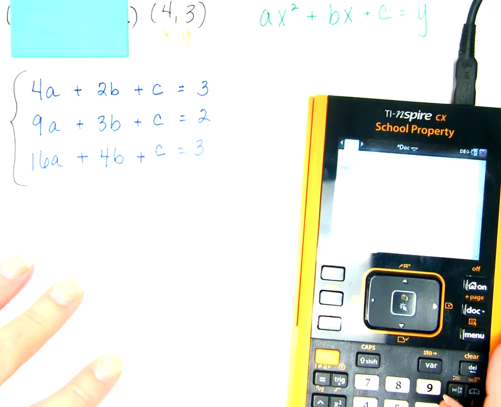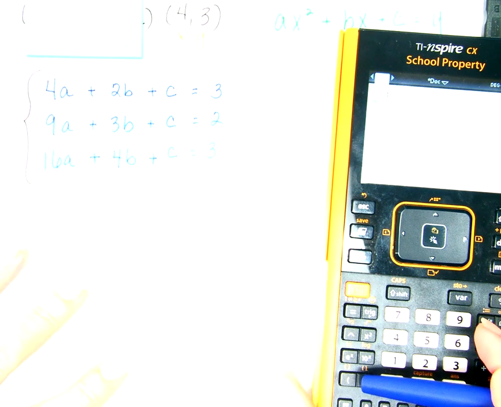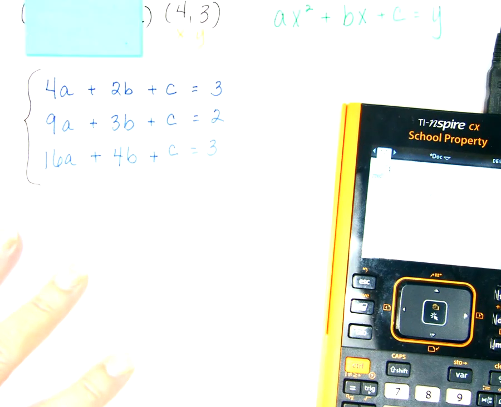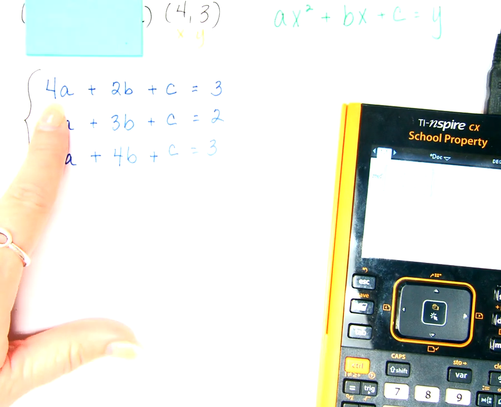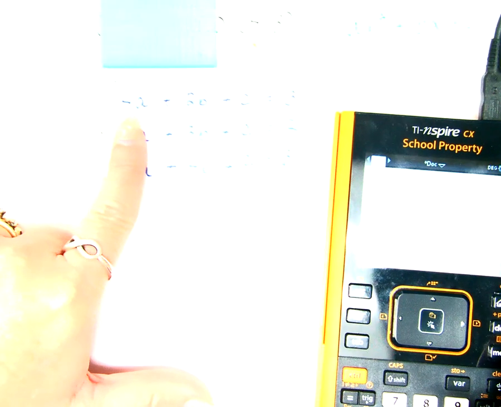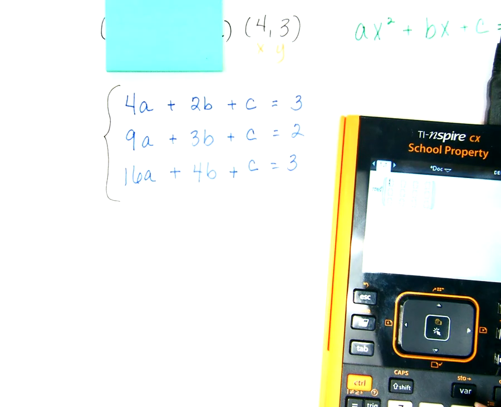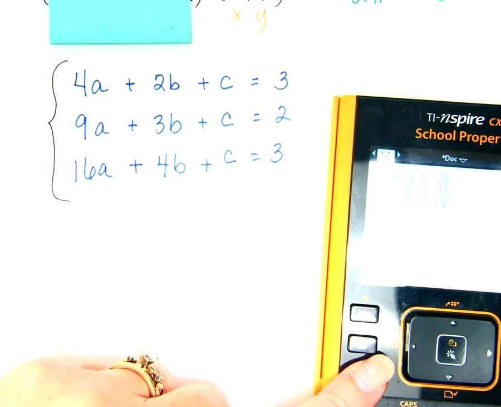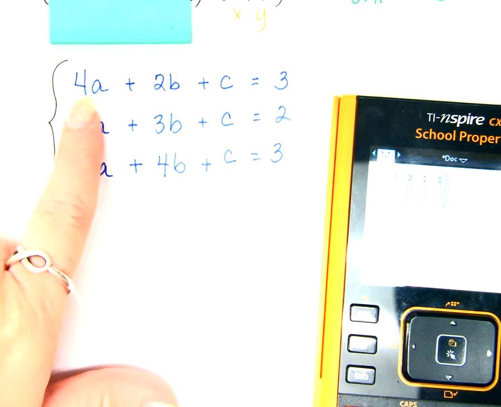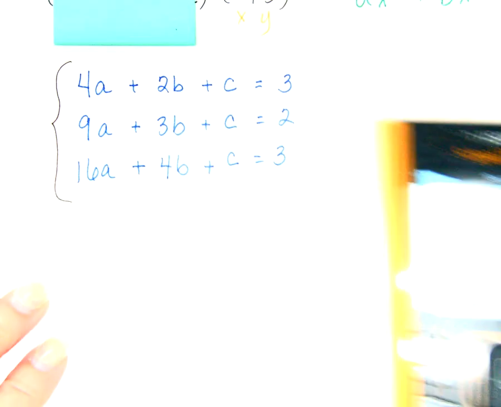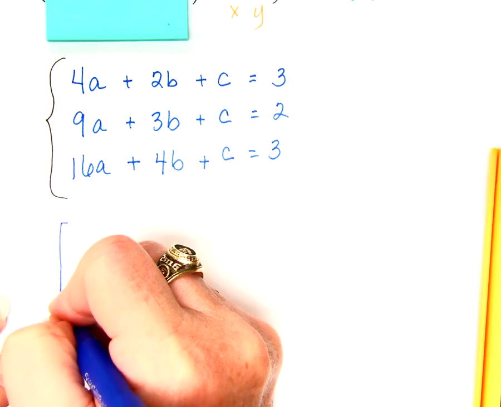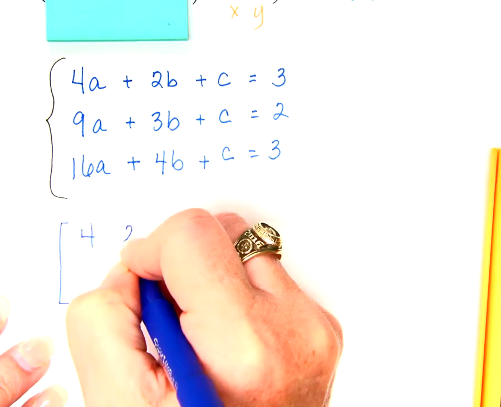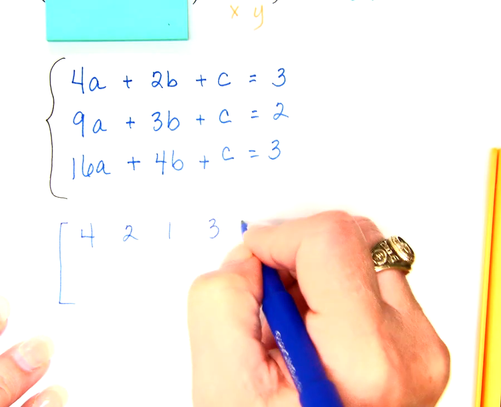Zoom in a little bit so you can see better. Then I just put in my coefficients. 4 tab 2 tab 1 tab 3. I need my coefficient matrix. 4, 2, 1, 3.